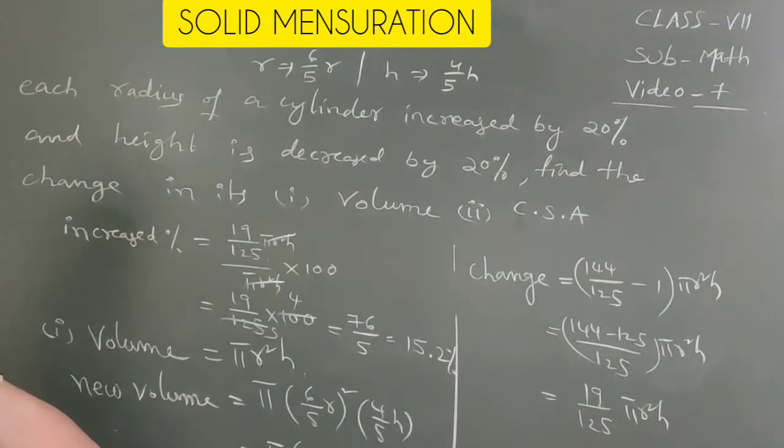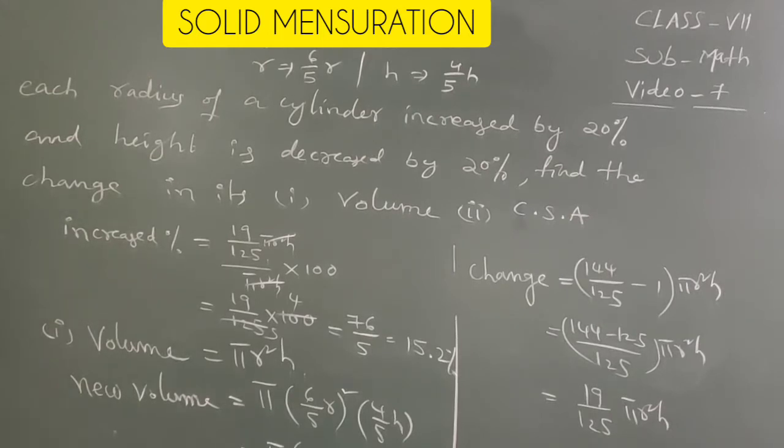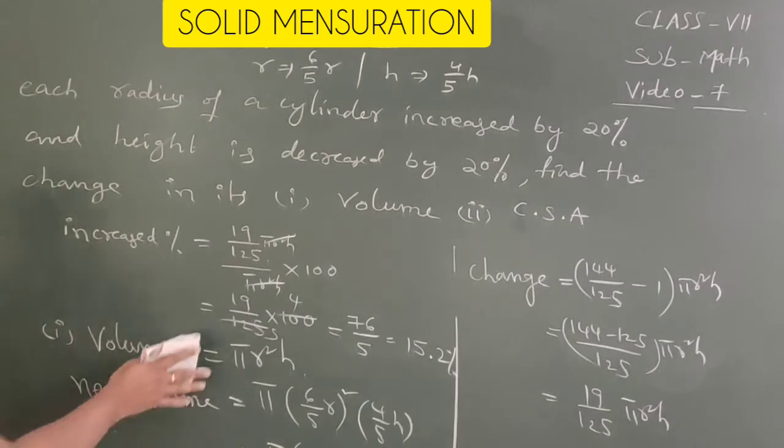In this way we got the change as 19 by 125 pi r square h. 19 by 125 times it was increased. So the increased value over the original value into 100 is its change. So here 15.2% volume increased. In that only we have the second case.